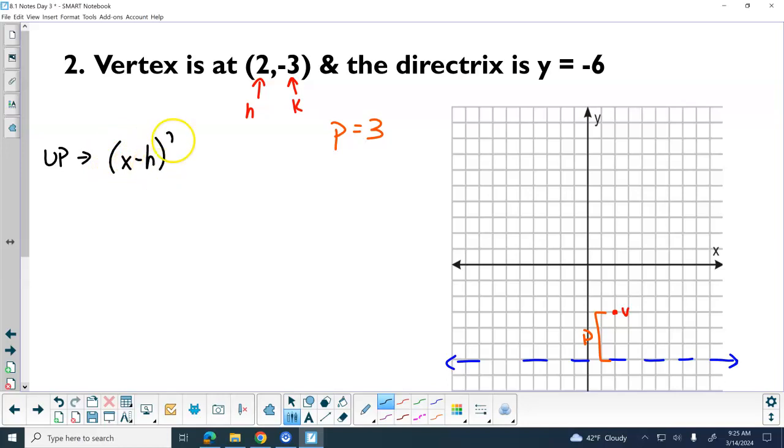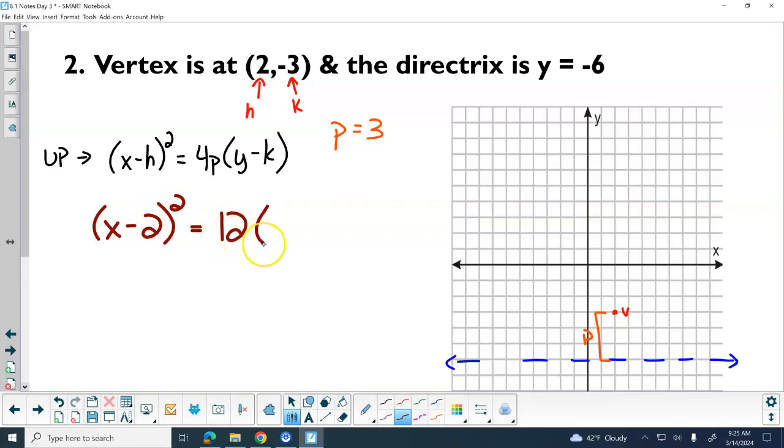minus h quantity squared equals positive 4p times y minus k. So I would go with x minus 2 quantity squared equals 4 times p is going to be 12 times the quantity y minus negative 3.